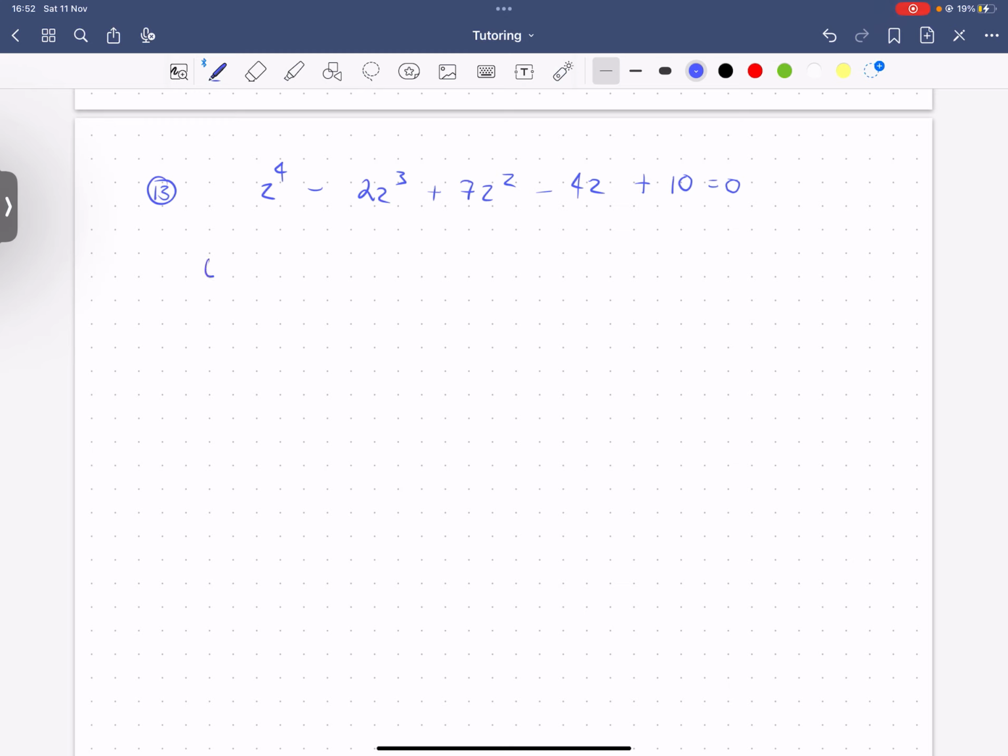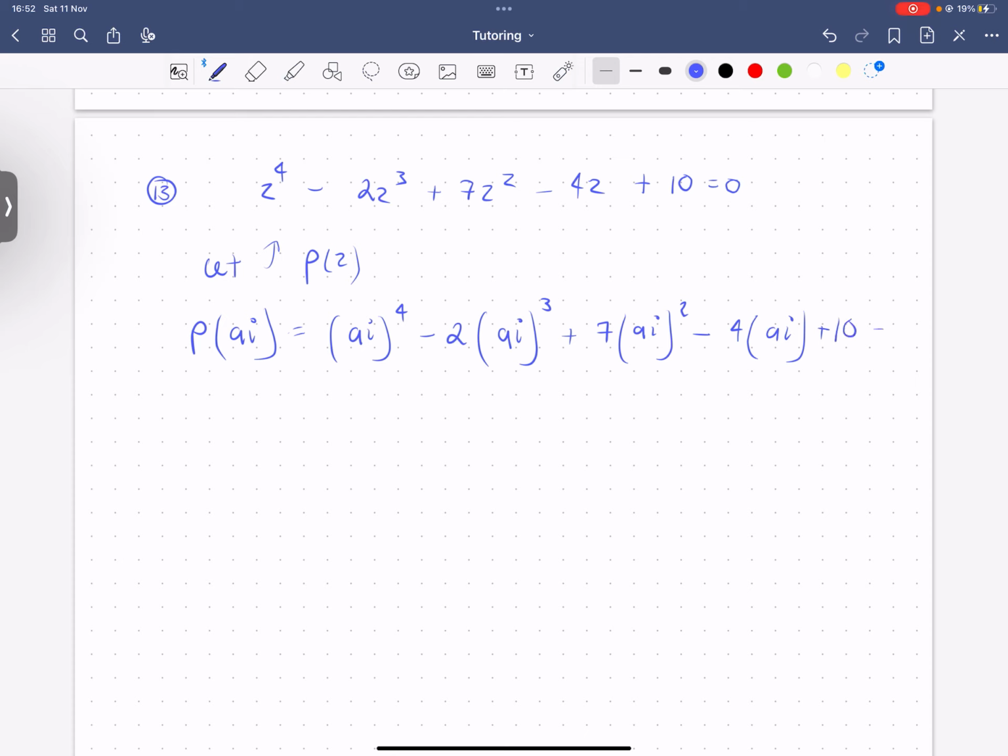However, if we let this equal p of z, then p of ai is going to be a solution to this equation. In other words, ai to the power of 4 minus 2 times ai cubed plus 7 ai squared minus 4 times ai plus 10 equals 0.